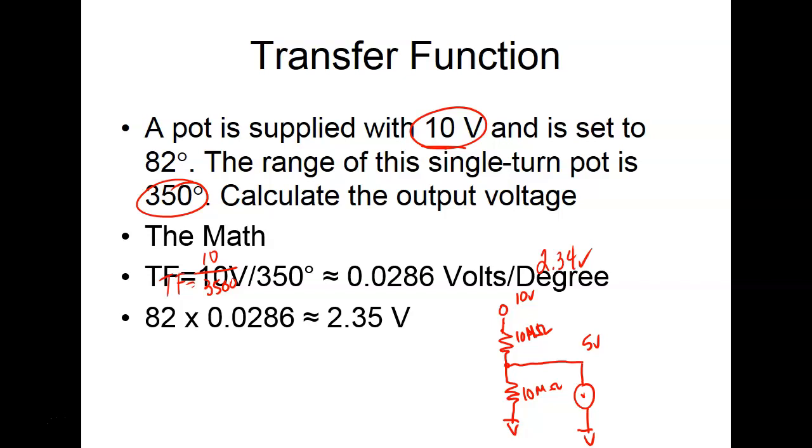Normally it's about 10 mega ohms. So if I hook my meter up there, I'm putting a 10 mega ohm resistor in parallel with a 10 mega ohm resistor, and all of a sudden this is seen as 5 mega ohms.